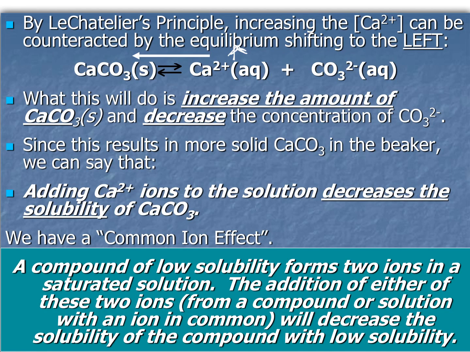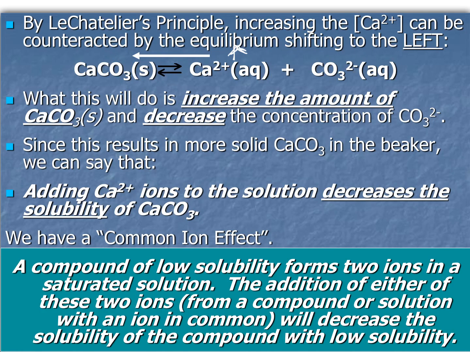Since this results in more calcium carbonate in the beaker, we can say that adding the calcium ions to the solution decreases the solubility of calcium carbonate, because we are actually shifting more towards the precipitate. It's less soluble. Solubility is the amount that this dissolves. Well, it's dissolving less if there's more of it now.